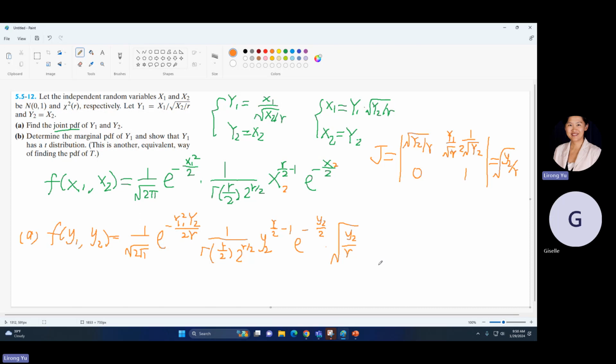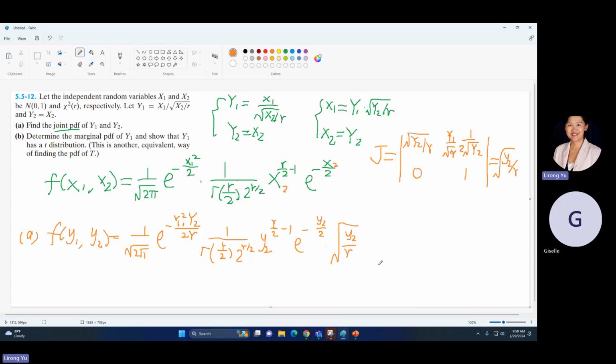I guess that should be combined in here, r to the 1/2 power. So I think we might combine some like terms in terms of power. Hopefully it will get you ready for B.